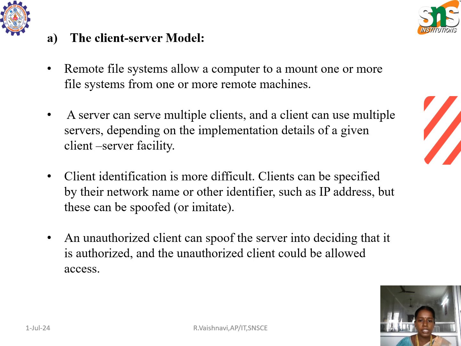Client identification is more difficult. Clients can be specified by their network name or other identifiers such as IP addresses, but these can be spoofed or imitated. An unauthorized client can spoof the server into deciding that it is authorized, and an unauthorized client could be allowed access.